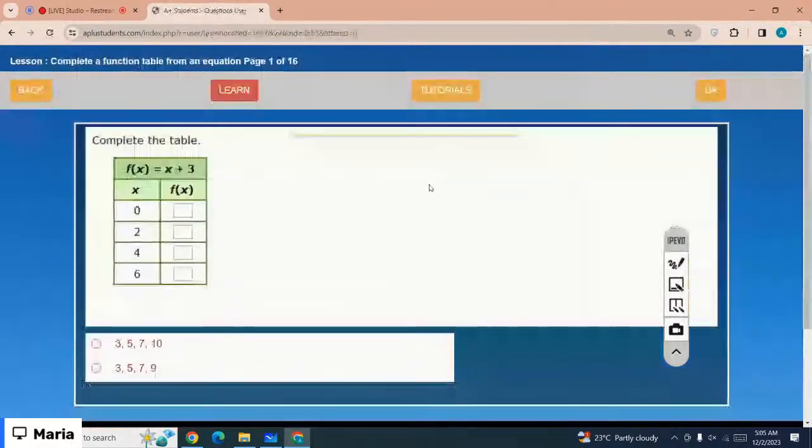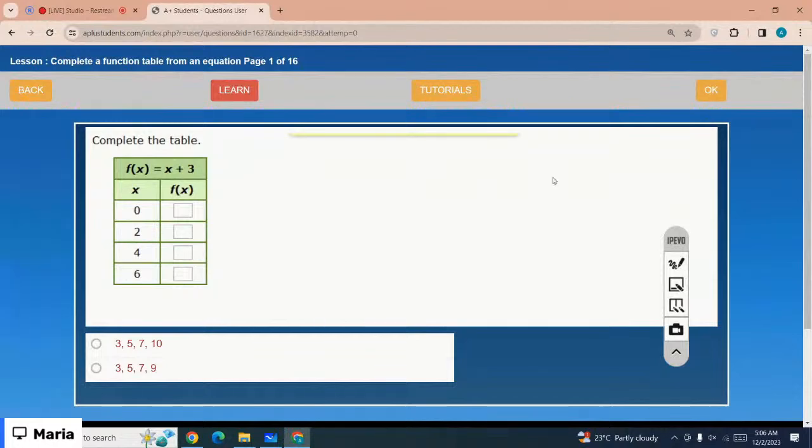Okay, the first one is you have to evaluate the function. Complete the function f of x equals x plus 3.